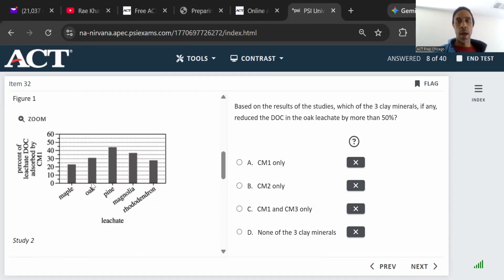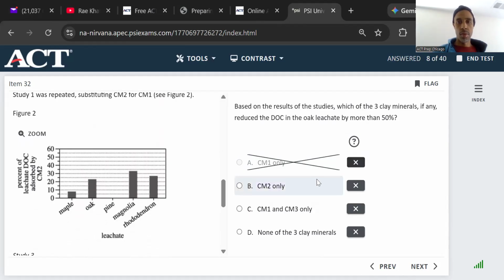CM1 is not. CM2 is not. Because it says, if any, reduce the DOC in the oak leachate by more than 50%. If you look at the y-axis, it says percent of leachate DOC absorbed.